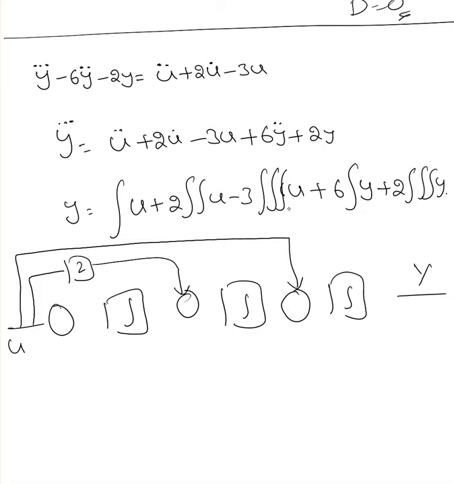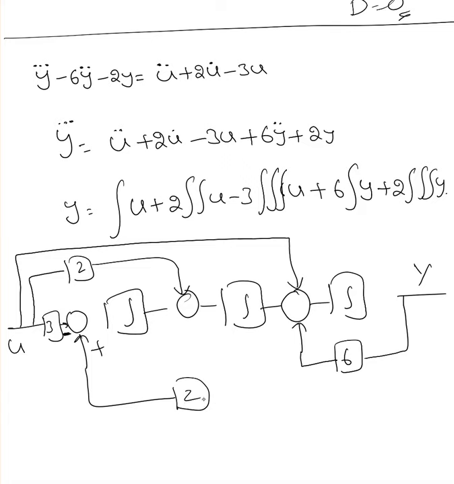It also has to pass through negative 3 with three integrals, so that must be negative. And y has to pass through one integral with a constant 6, and y has to pass through three integrals with a constant 2.